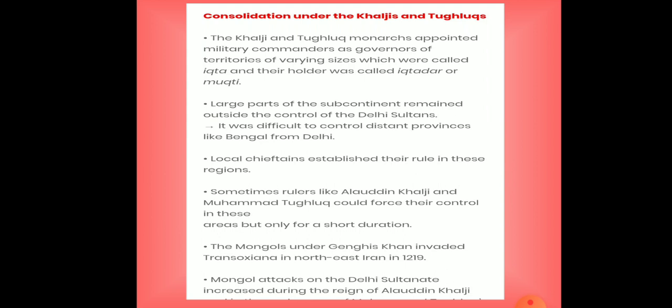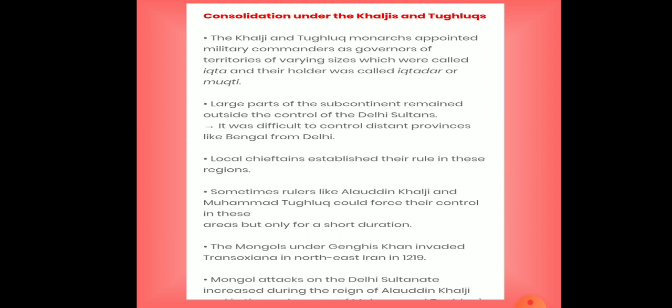So it was difficult to control distant provinces like Bengal from Delhi. Local chieftains established their rule in these regions. Sometimes rulers like Alauddin Khilji and Muhammad Tughlaq could force their control in these areas, but only for a short duration.